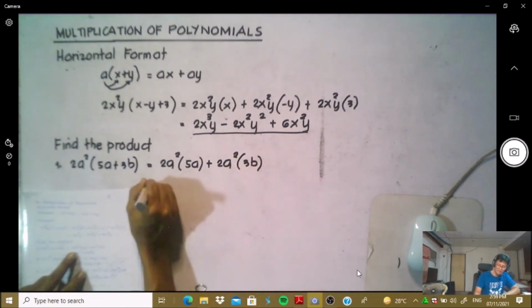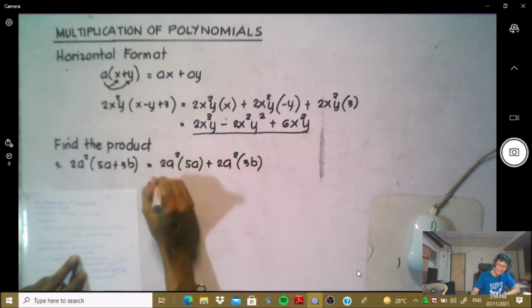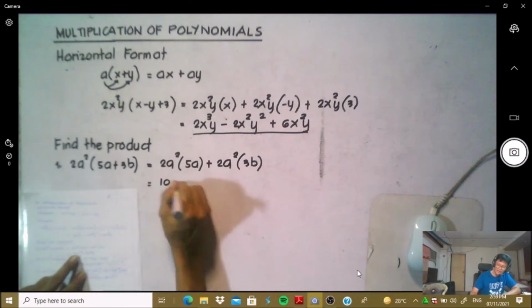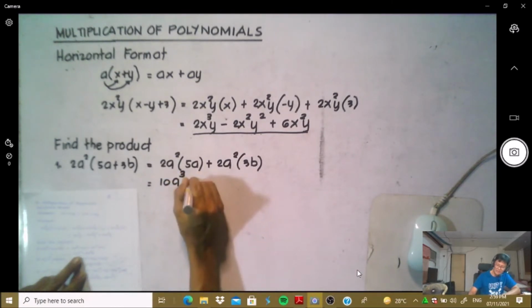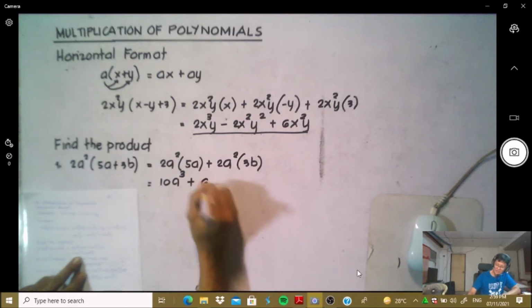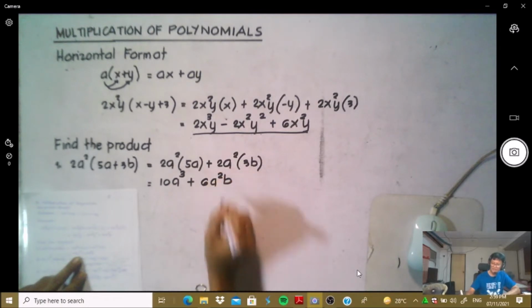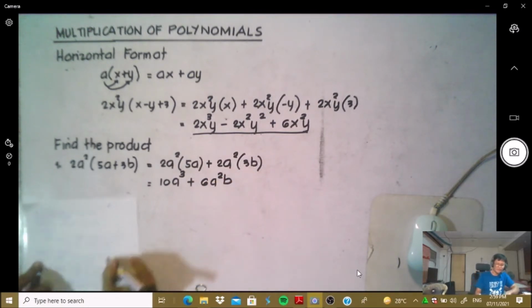Therefore we have 2 times 5 is 10, then a cubed, plus 2 times 3 is 6, then a squared b. Okay, so that's for number 1.